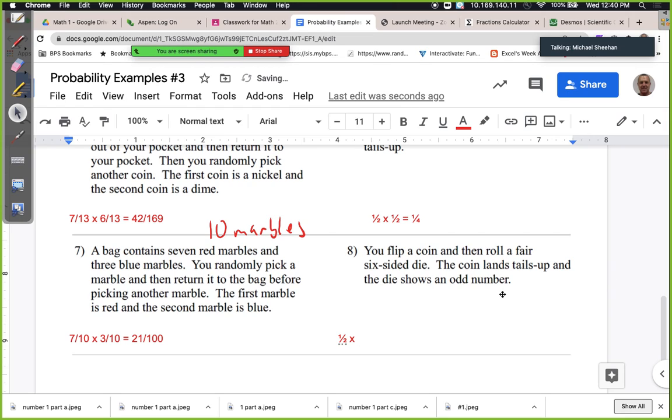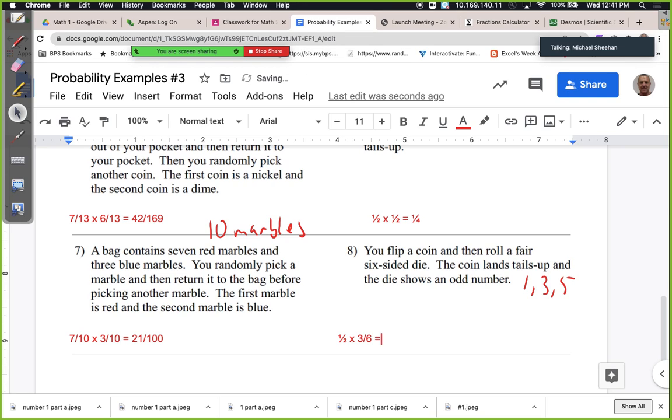And then I want to get an odd number when I roll the dice. Well, there's 3 odd numbers. There's 1, 3, and 5. The other 3 numbers are even numbers. So I've got a 3 out of 6 chance, which is the same as 1/2.